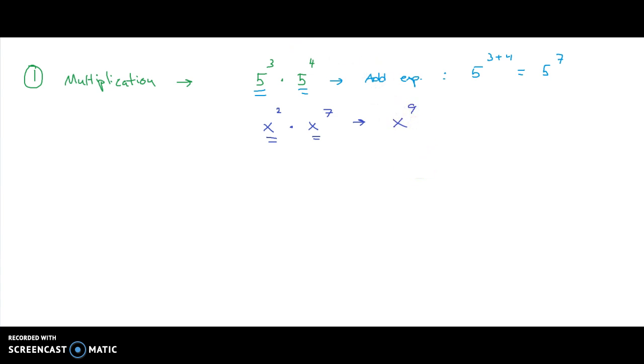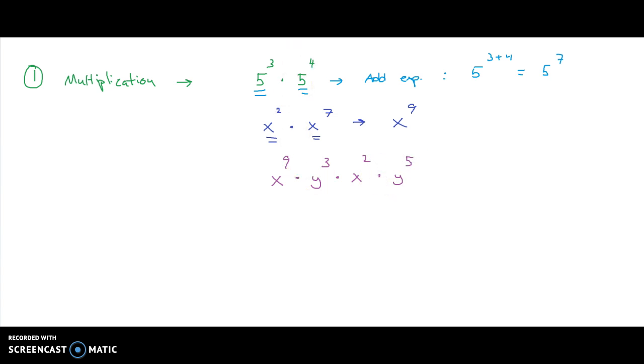Okay? Now, the complication for this rule is that sometimes you have multiple variables in there. So like, for example, supposing I had this equation here. Let's say I had x to the 9th times y to the 3rd times x squared times y to the 5th.